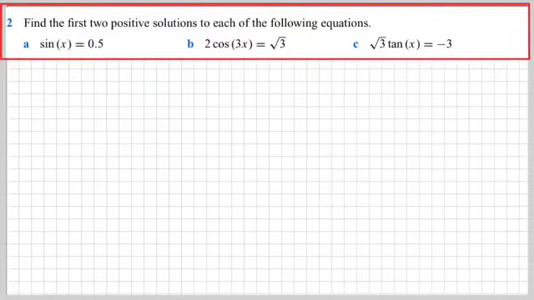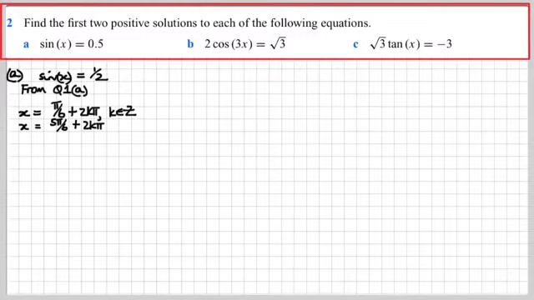All right, question 2. Find the first 2 positive solutions, okay, to each of the following equations. All right, so we better do the general solution and then start plug and chugging a few values of k in and get the first 2 positive solutions that way, okay? All right, this one, sine of x equals a half.